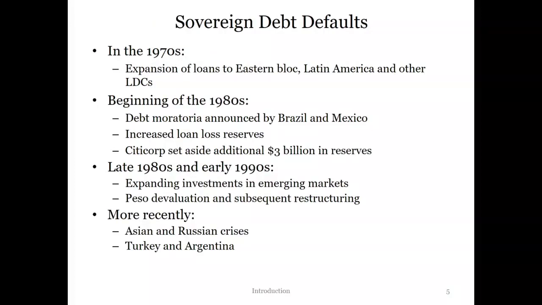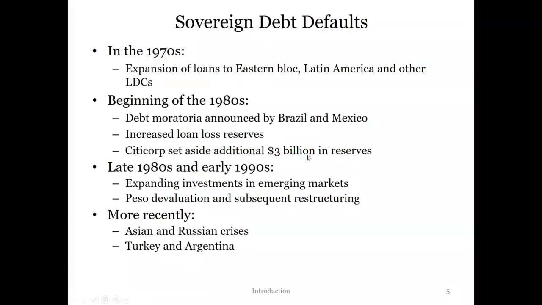So these are some recent examples of sovereign risk default. During the 70s and 80s, there were large waves of government default in the South America region, like Brazil and Latin American countries. They all claimed sovereign debt default, so they deferred paying their government debts and interest for their government bonds.